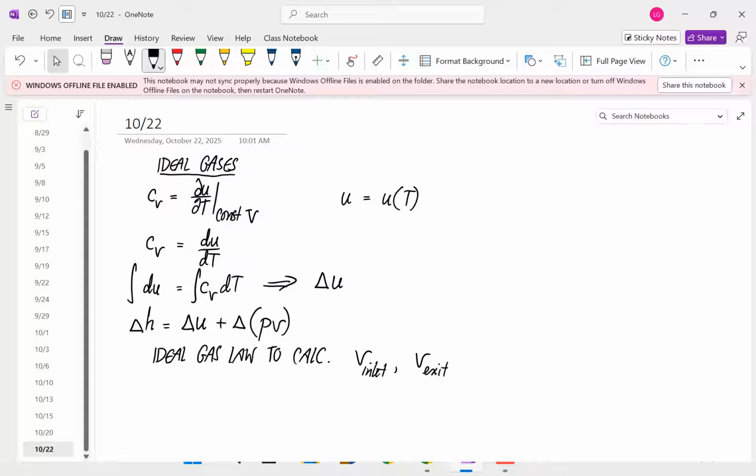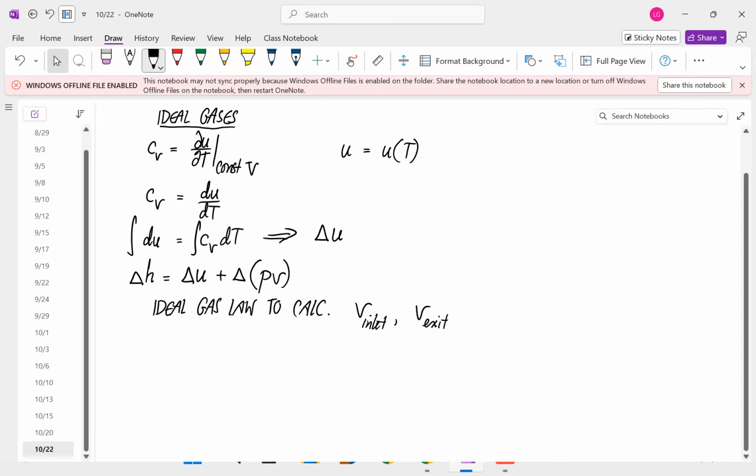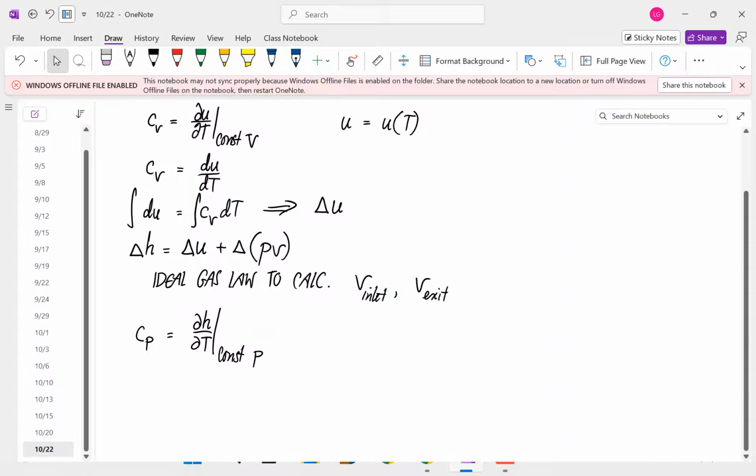Yep. When do we use the C little p, constant pressure? Well, CP is the partial of H with respect to temperature at constant pressure.